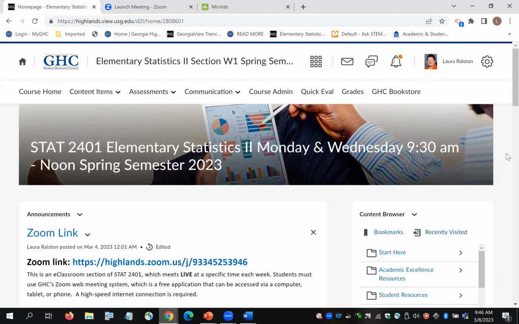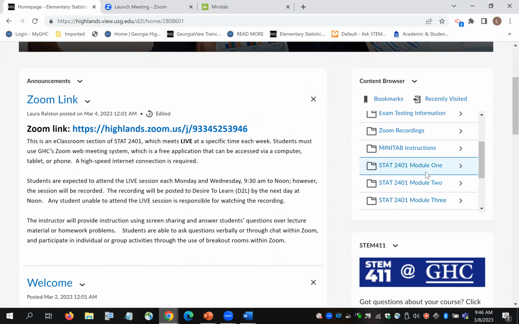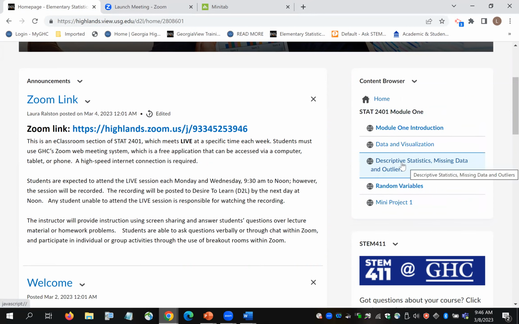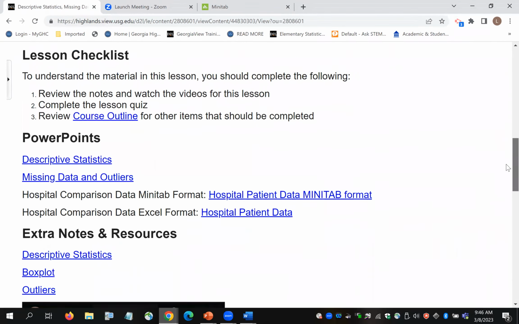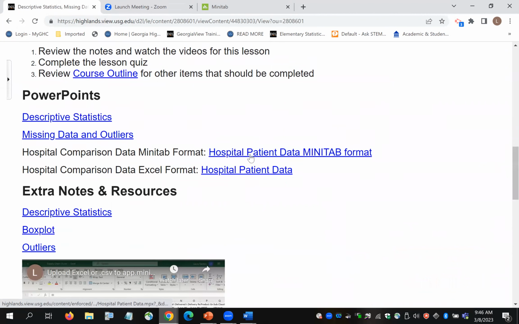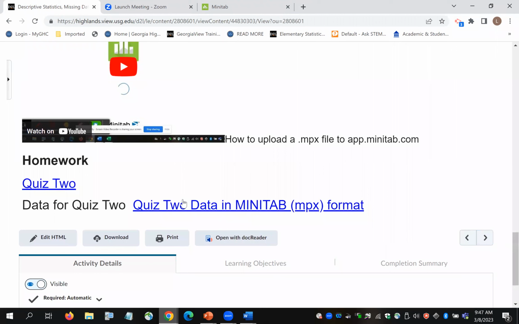I'm going to show you, for example, the lesson that we're going to eventually get to today on descriptive statistics, missing data, and outliers. For some of the examples that we're going to do in class, I've given you a data set, either in Minitab format or in an Excel format. You will also have to use a data set to answer questions on quiz 2.